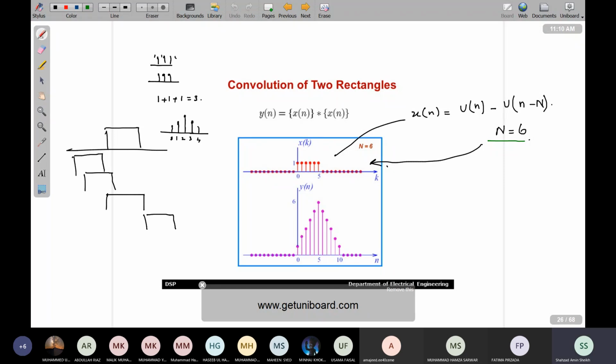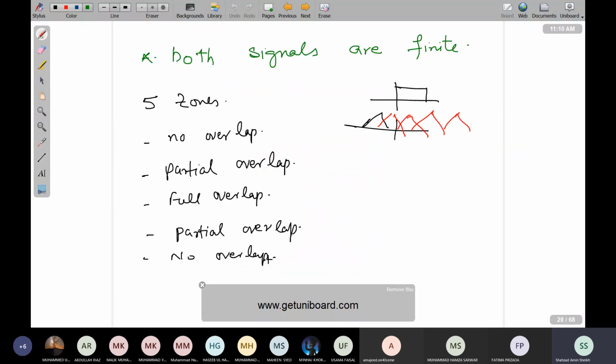This is the zone of no overlap. Then these values are coming from partial overlap. Now this value is coming from full overlap. Again, these values are coming from partial overlap, and these values are coming from no overlap. So 5 zones.